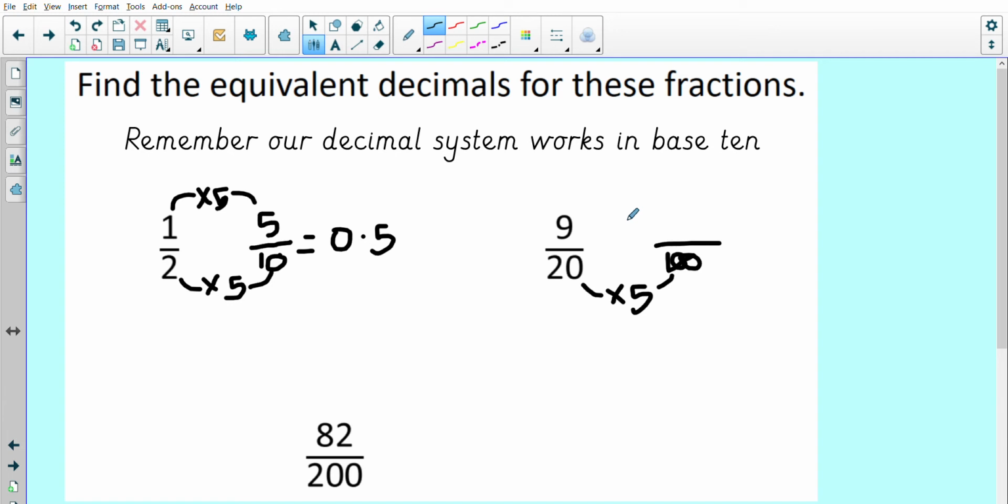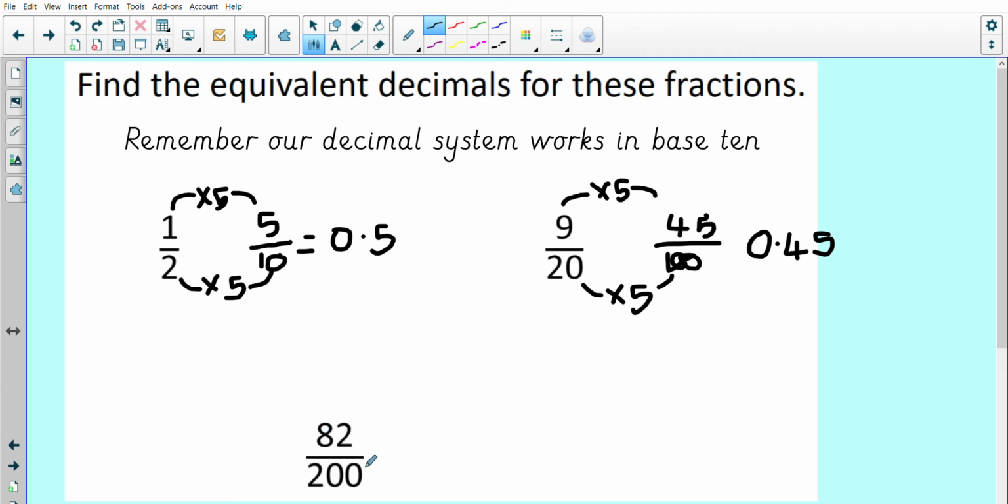So what I do to my denominator, I also have to do to my numerator. So what is 9 times 5? Hopefully you're all telling me that it is 45. So 45 over 100 is the same as 0.45. So 9/20ths as a fraction is the same as 0.45.